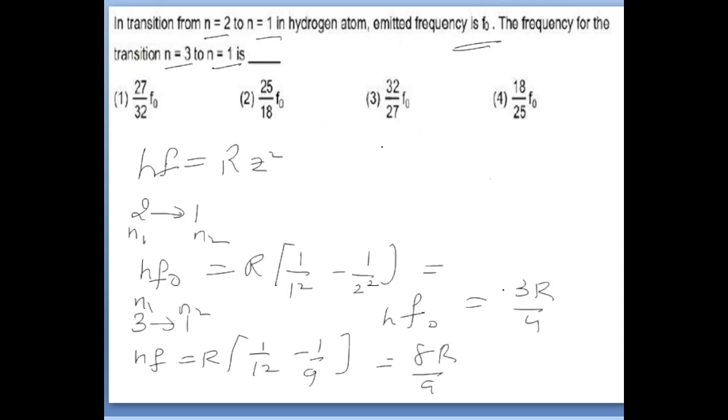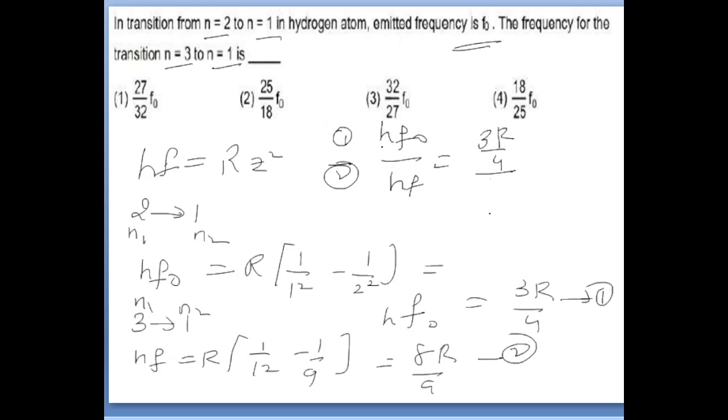So this one is the first equation, this is the second equation. Consider them and divide, you will get it. So h f naught by h f is equal to 3R by 4 divided by 8R by 9. The R gets cancelled, h gets cancelled. So 9 goes upside, 3 comes, 4 comes this side.